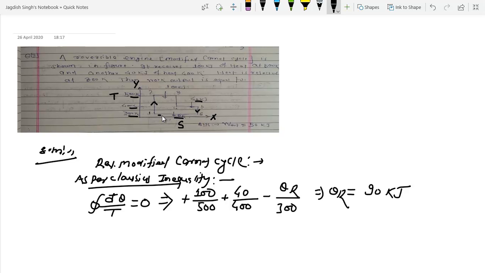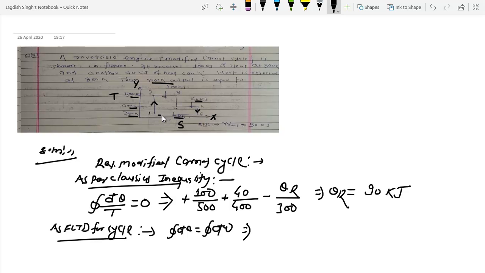Now we have to find the work output. As per the first law of thermodynamics for a cycle, the cyclic integral of dQ is equal to the cyclic integral of dW.